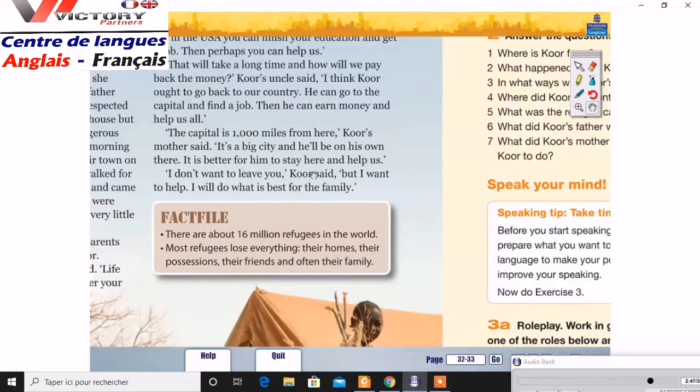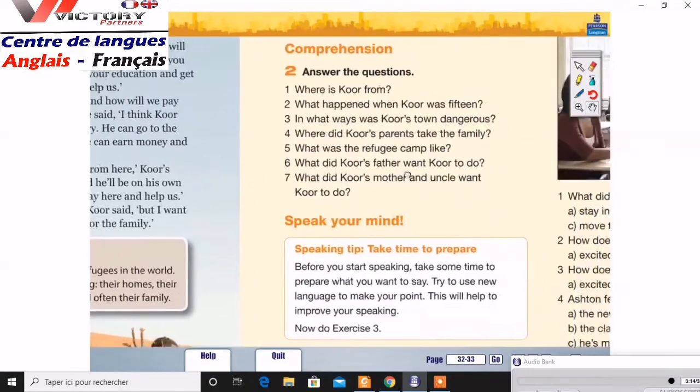It is better for him to stay here and help us." "I don't want to leave you," Cour said, "but I want to help. I will do what is best for the family." Fact file. There are about 16 million refugees in the world. Most refugees lose everything: their homes, their possessions, their friends, and often their family.